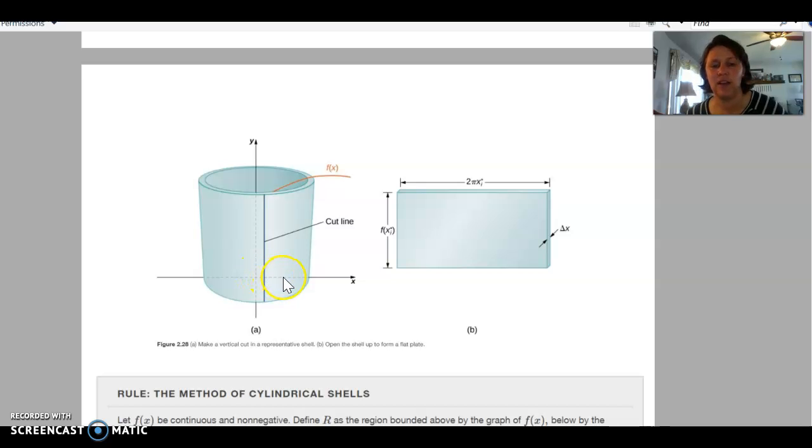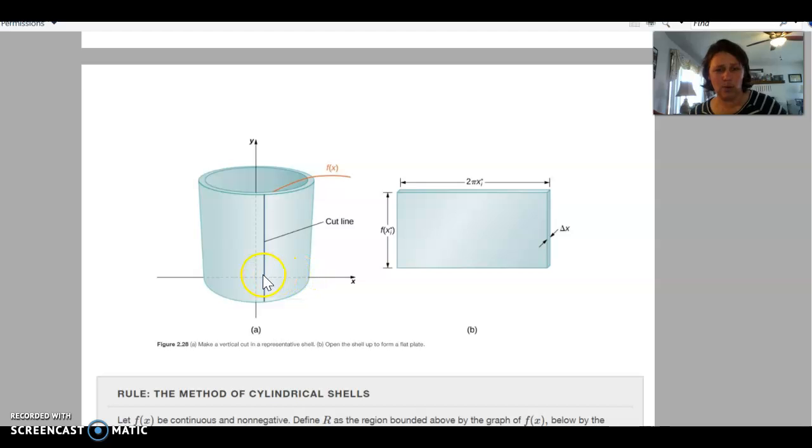Those x values are going to make up the radius, because every shell that we take is going to be a different radius. It's going to go out to whichever x value we're finding the area for. So that's where our delta x's all come into play.